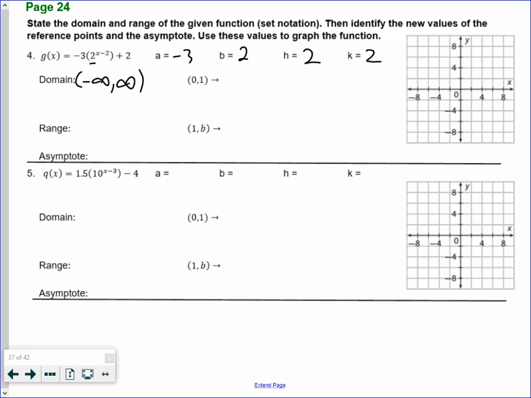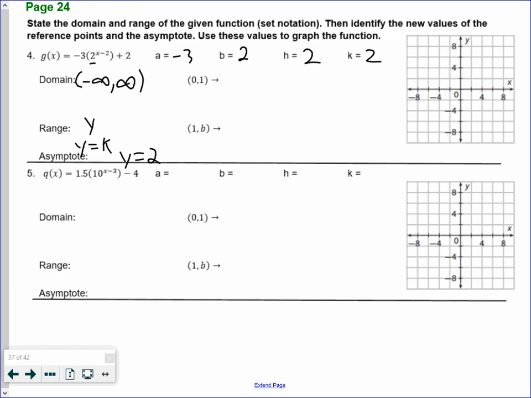So like I said before, the domain is all real numbers. And now before we find the range, let's find our asymptote. That's always y equals k. So in this problem, it's y equals 2. And now our range is going to depend on the a value and the k value. If our a is positive, that means we're above the asymptote, and if our a is negative, that means we reflect it over the x-axis, so we're below the asymptote.